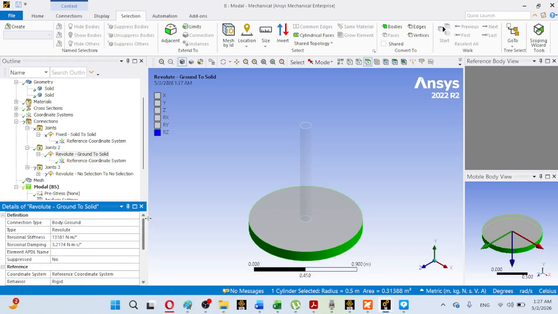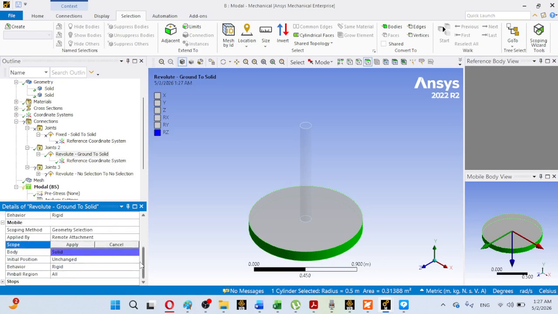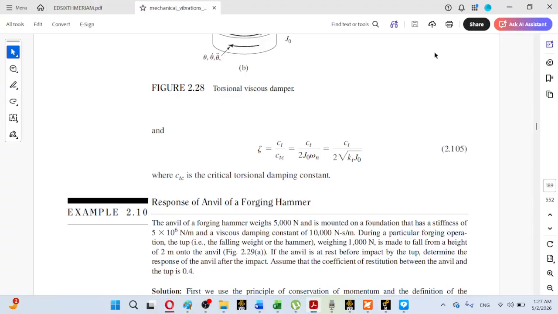Remember, I have used here body dash ground for this rigid disc, because this rigid disc will be oscillating with respect to the ground. So you will be selecting at least this circular face, but as you can observe here, this is up to you.